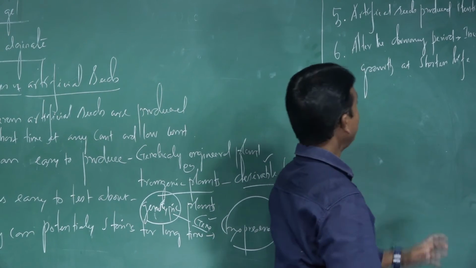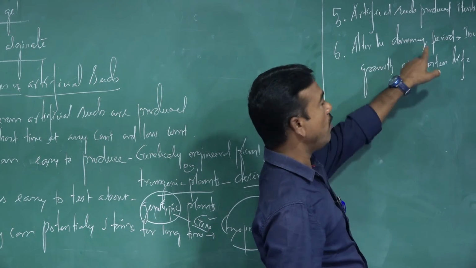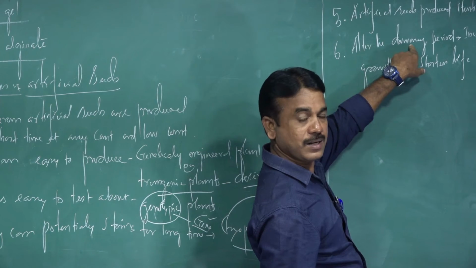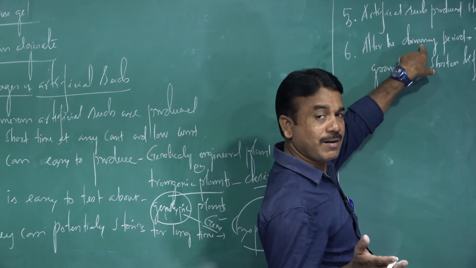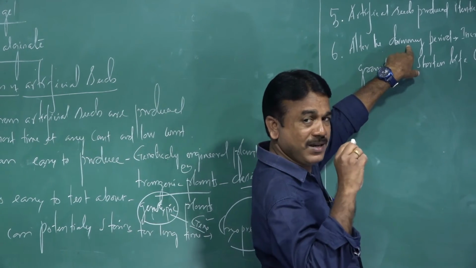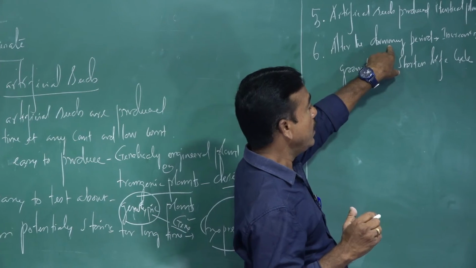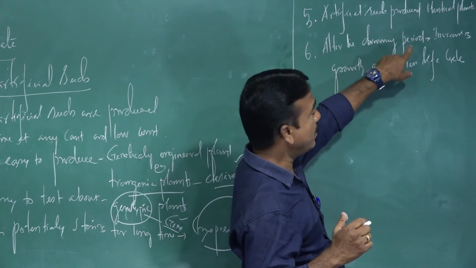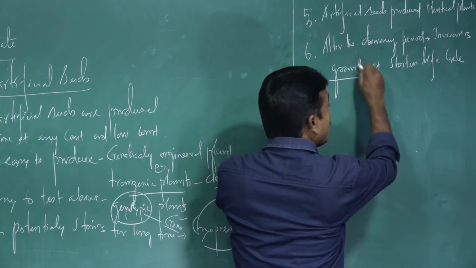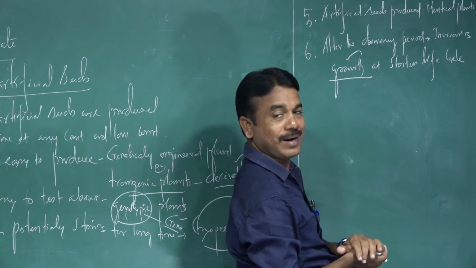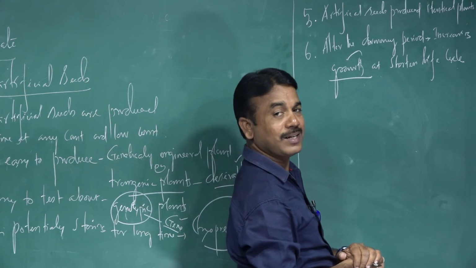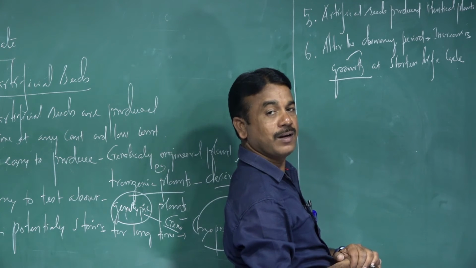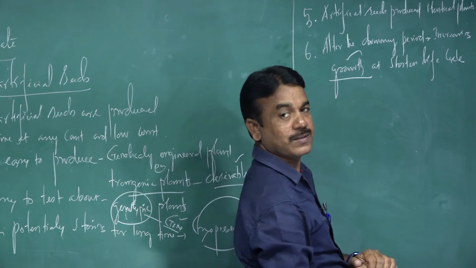So in normal plants, it is not possible to alter the dormancy period, but artificial seeds alter the dormancy period because it shortens the time. It not only alters the dormancy period, it also increases growth of the plant in a shorter life cycle. Those are the advantages of artificial seeds.